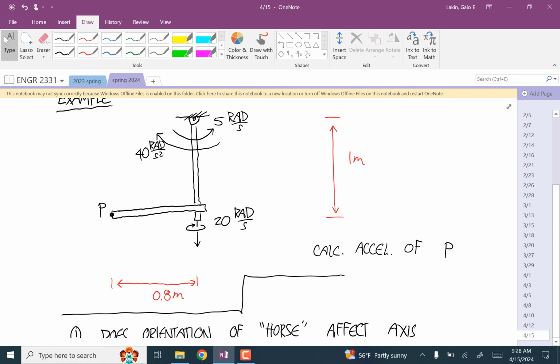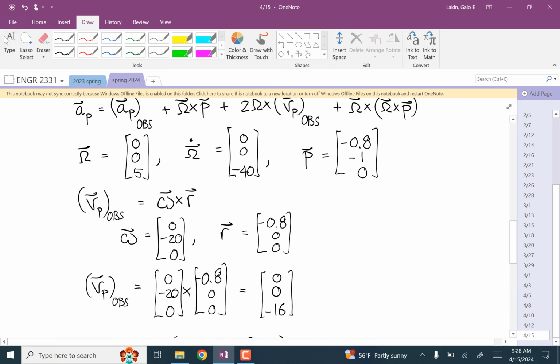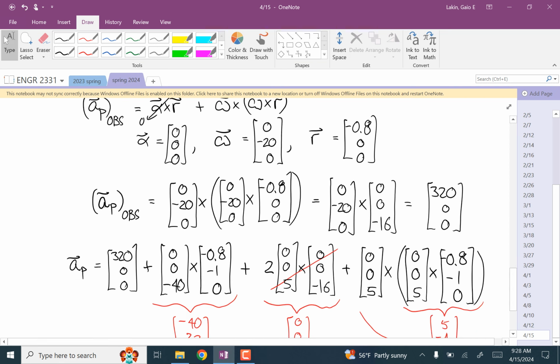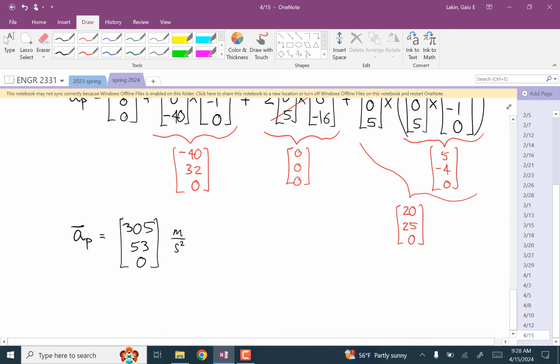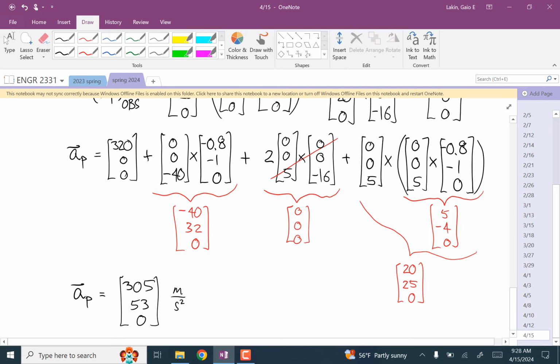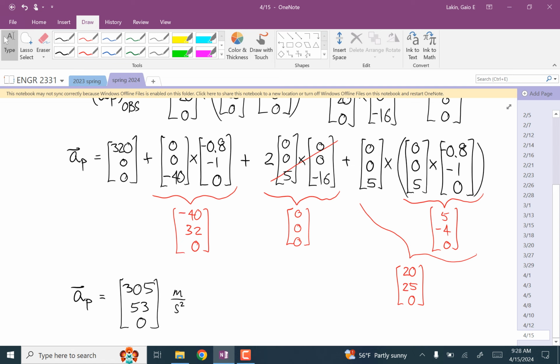Can you add the omega cross P program? You got something else? 307 and 305. Okay, did I add? I got 357 and 0. Oh, 357. Sorry, 300, comma, 57, comma, 0. Oh, 300. Okay, so we got minus 20.